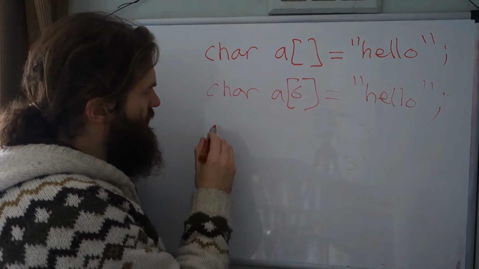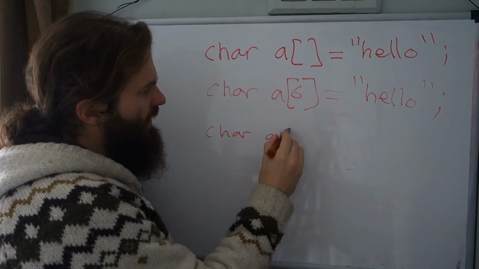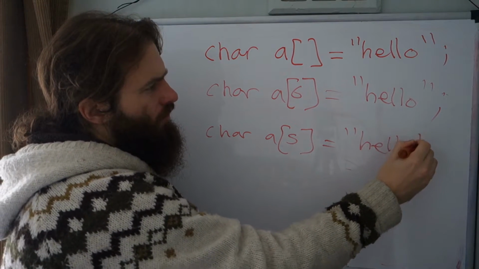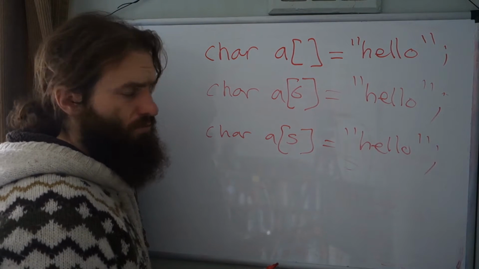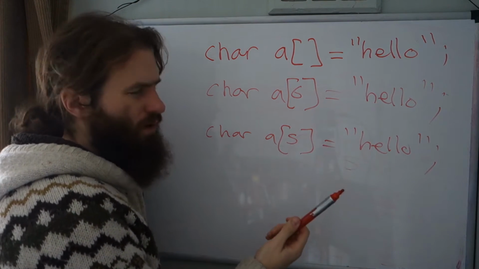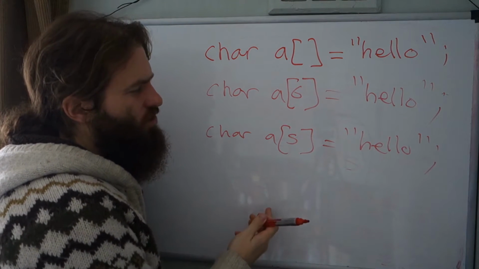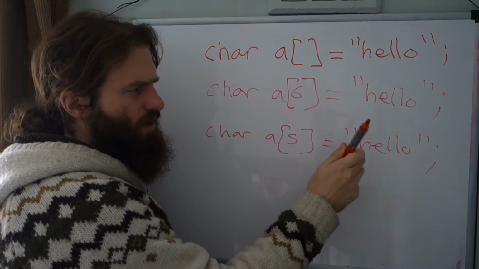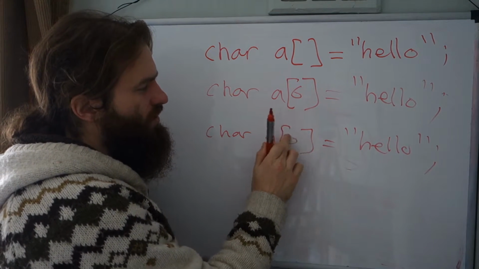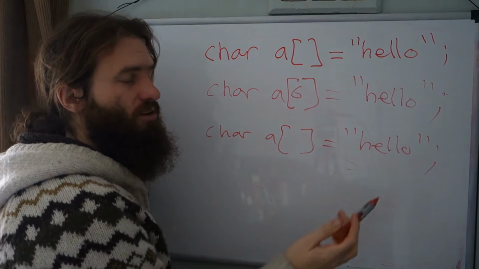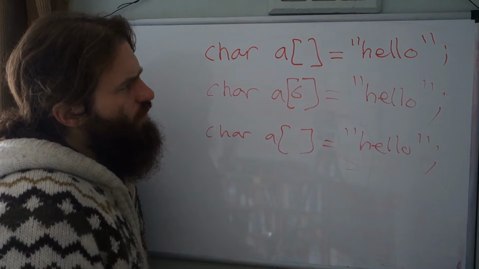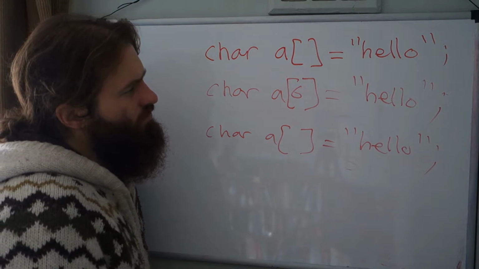If we did char a 5 hello, we will not have a null terminating byte, because this only has space for 5 things. So that's just a little quirk. But it's very rare that you would explicitly provide the size and then make an assignment like that. Why would you bother providing the size? You may as well just omit the size and allow C to append that null terminating byte and make sure there's enough memory there. So that's the first way that you could declare a string.